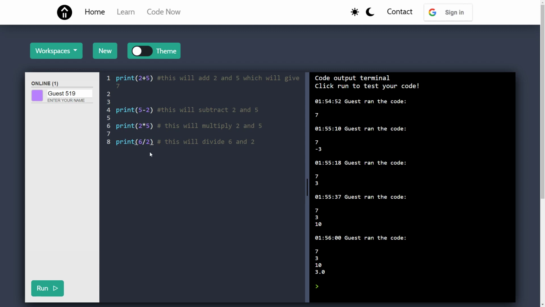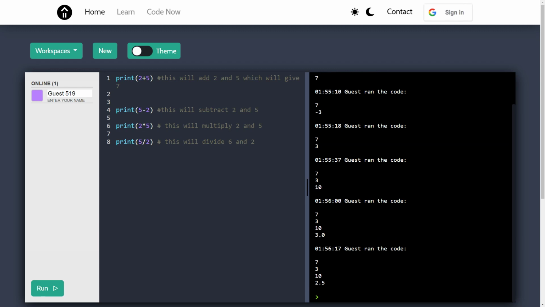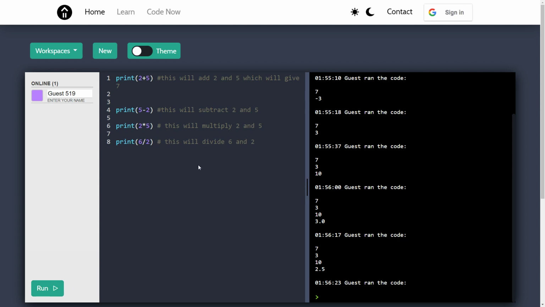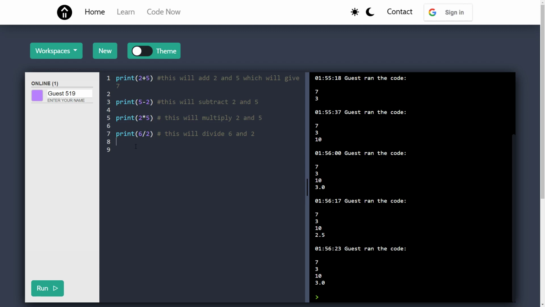Say for example it was 5 divided by 2, it will give 2.5. So whenever it does 6 divided by 2, the single divide will give me a 3.0. It will add that additional 0. Now, these are the basic arithmetic operations that you learn in school, and they're very useful, and you'll be using them all the time.